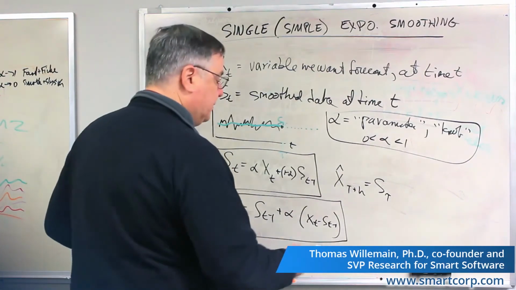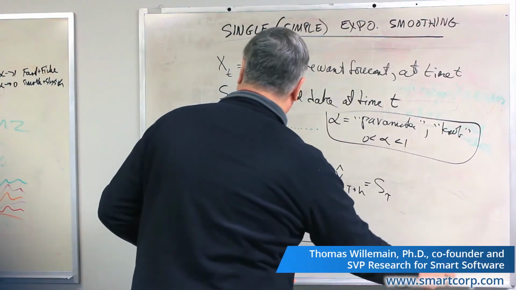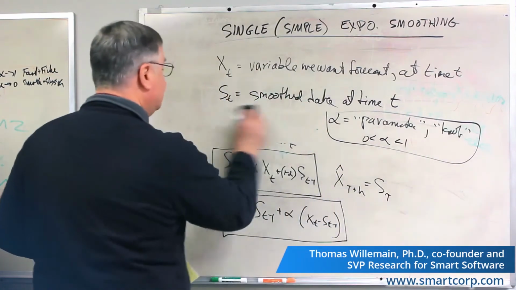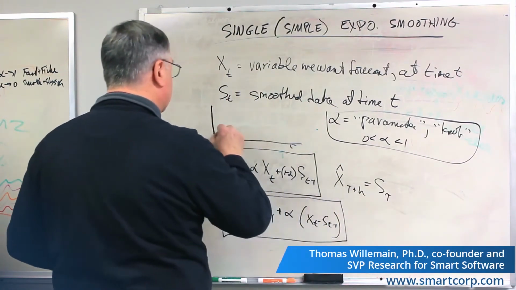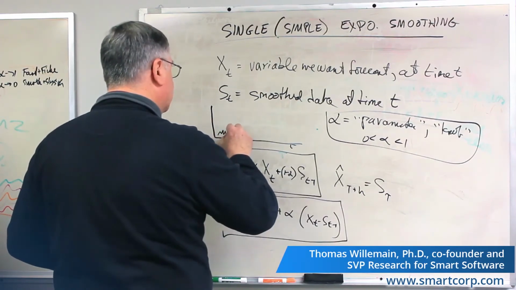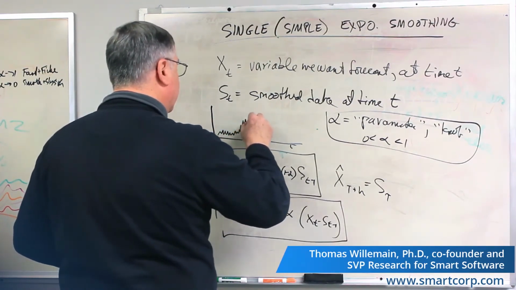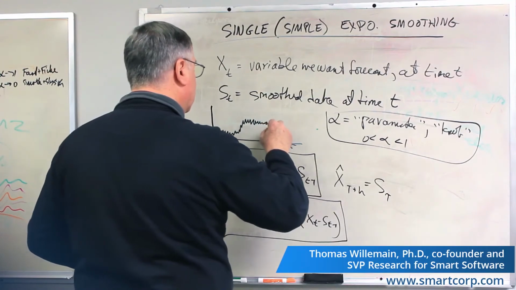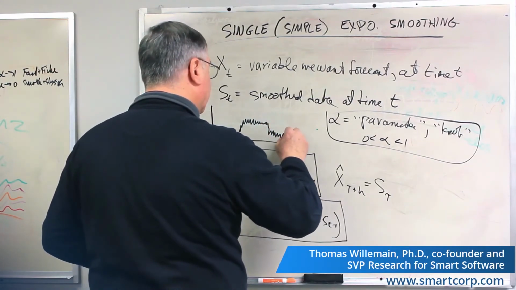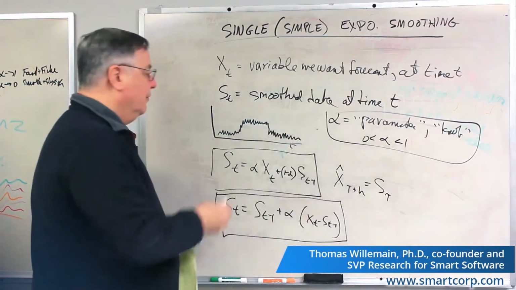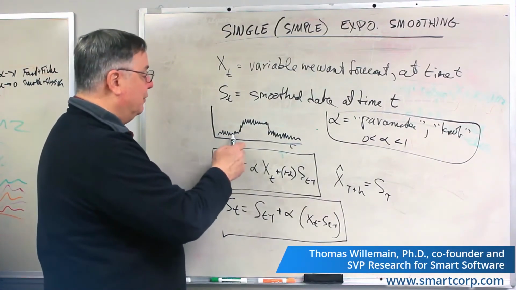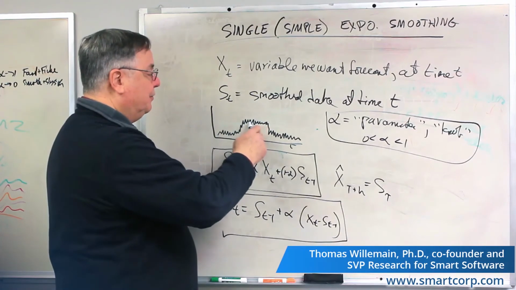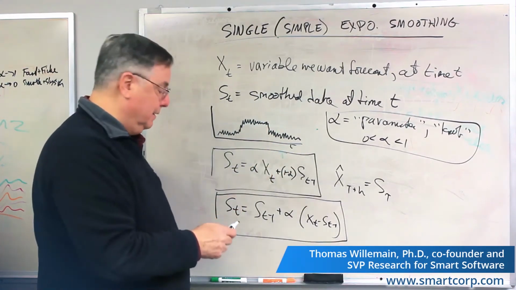So a more realistic picture of the data may not be this simple picture, but it may be something like this. We're doing this, and then all of a sudden we're here, and then maybe we're back to where we used to be. So we would call this a level series with drift. It's sort of level at one level, then it drifts to another level, and then it comes down again.